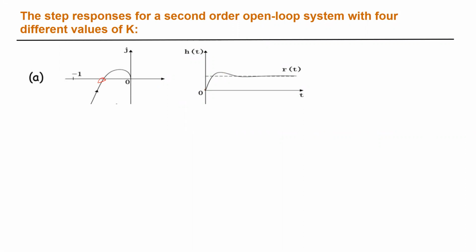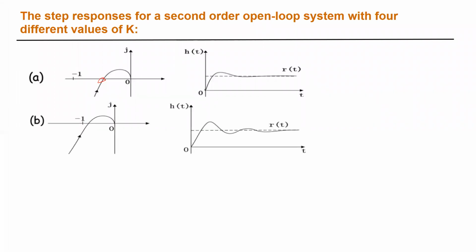It will overshoot a little bit, and then it will go to steady state. What we would like to do is relate the Nyquist plot to the location of the poles and ultimately the system response, because we always care about the time domain. This is the impulse response of the system.